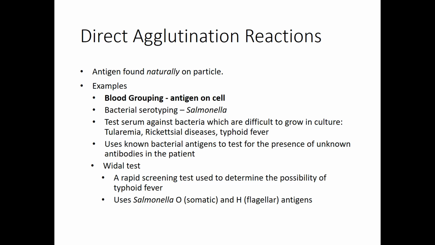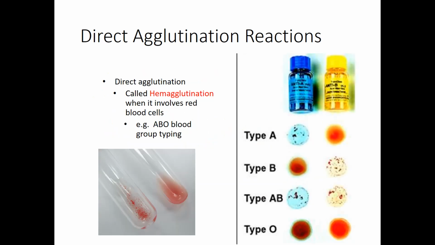It's a cross-reaction, so we don't actually have to use the bacterial causative agent of typhoid fever, but we can use some cross-reacting ones to see if the patient has the antibody. Let's quickly spend just a second on direct agglutination.